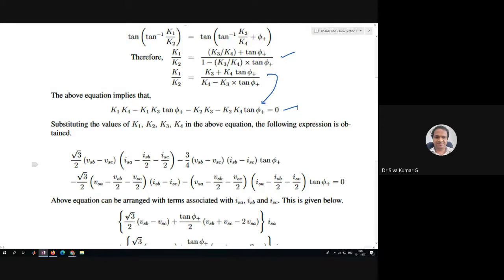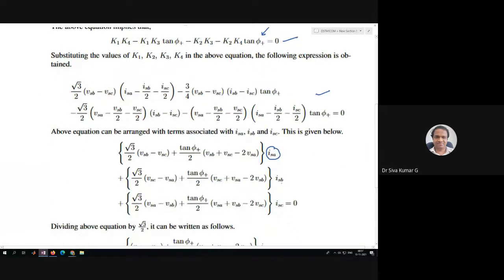this equation, and rearranging the components of ISA only, we get ISA and then ISB and then ISC.